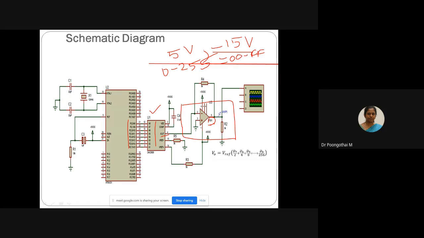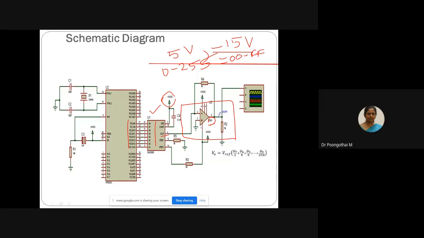So here we have an I to V converter. This I to V converter is constructed using the LF351 operational amplifier. According to the power supply connection, please note it down. A negative power supply of minus 15 volts is required for proper operation. So minus 15 volts is attached with this VEE pin, VEE1.